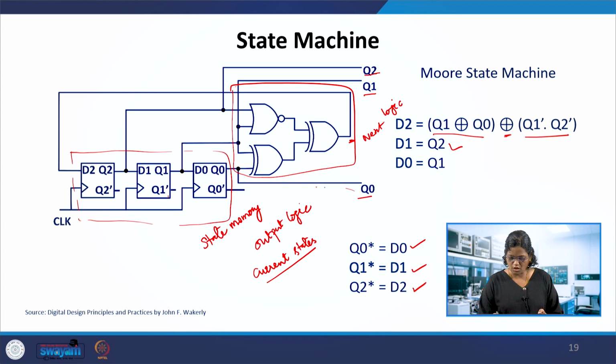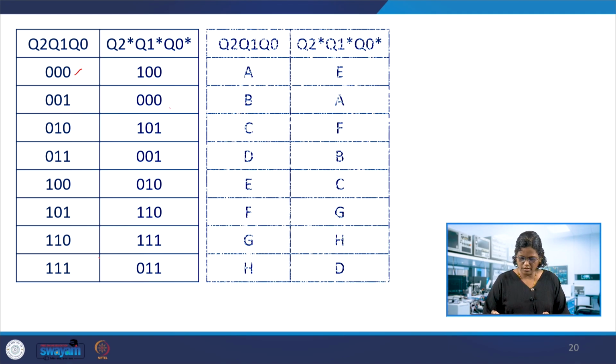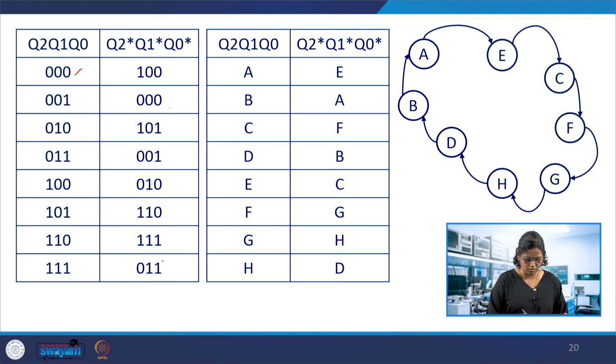Of course, D0 equals Q1, D2 is this, and D1 equals Q2. Using this, what we have obtained is that when it is 0 0 0, Q0, Q1, Q2 dash becomes 1 0 0, 0 0 0, 1 0 1, and so on. Using the equations we had here, we got the states.